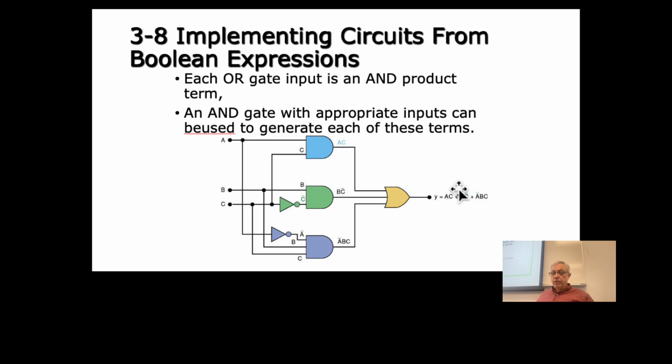You can follow it from the output back through each of the terms to the output OR gate, then back to the AND gates that create the combined terms, and then add the inverters in the appropriate places to get the C naught term here and the A naught term here. You start with a clean ABC, and you end up with this expression at the output.